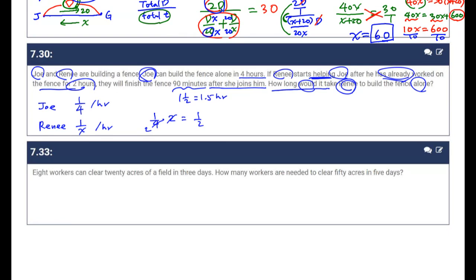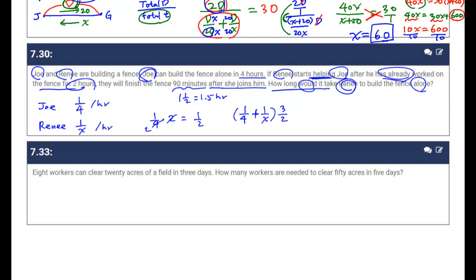Now, since they're working together, Joe is painting 1/4 of the job per hour, and Renee is painting 1/x of the job every hour, and you multiply that by the time given to them, which is 3/2 hours, which is 90 minutes.